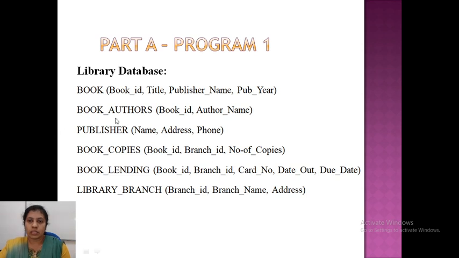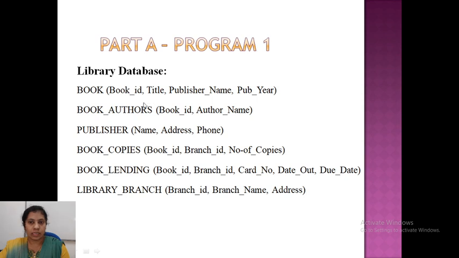Now already the database or the schema is given. You can easily identify the relationship between these things. So in book table we have book ID, title, publisher name and publication year. Here if you observe this carefully, we have book ID, title and publication year.